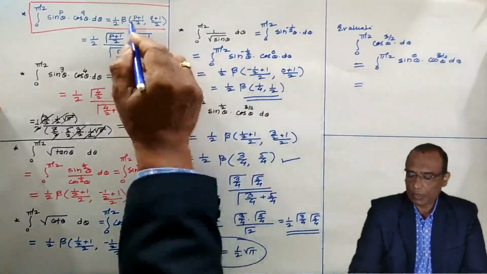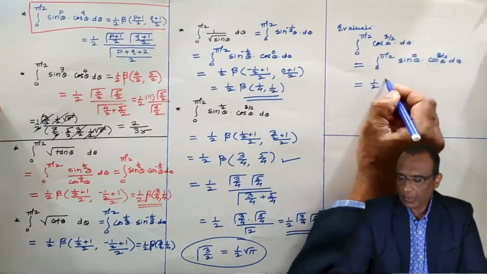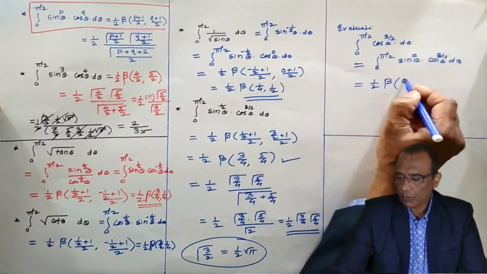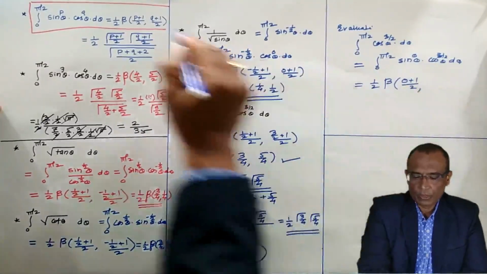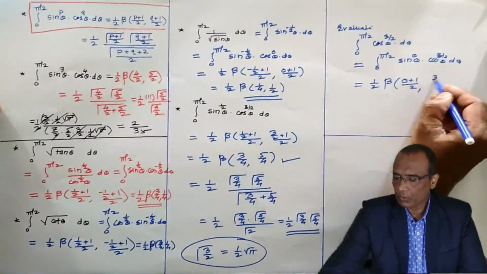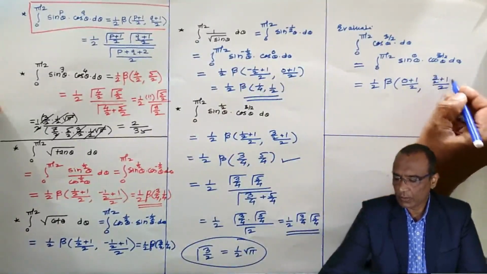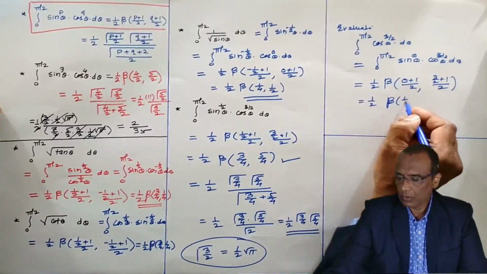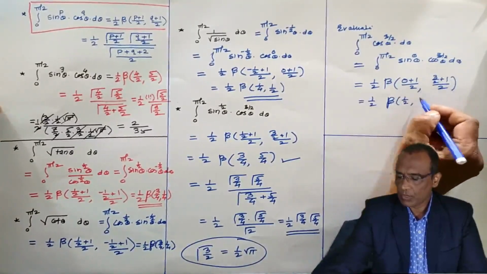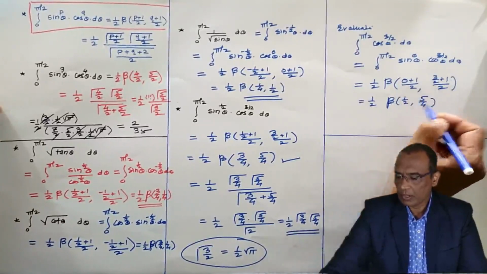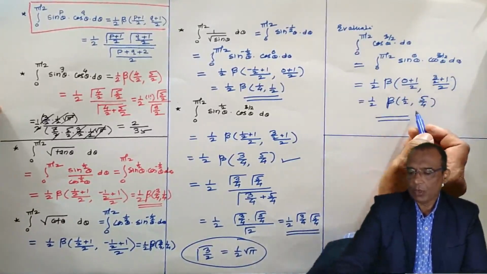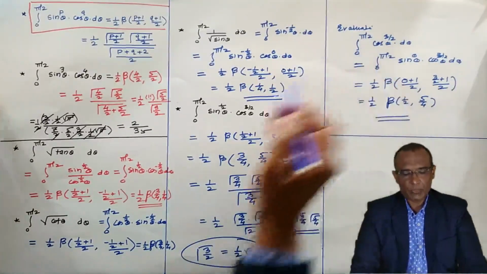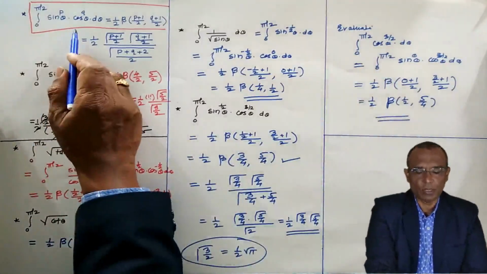So use this formula, 1 by 2 beta of 0 plus 1 by 2, q plus 1 divided by 2. 1 by 2 is beta 1 by 2, and this is 5 by 2 means 5 by 4. This is the value of this integral. In this way you can solve problems on this point.